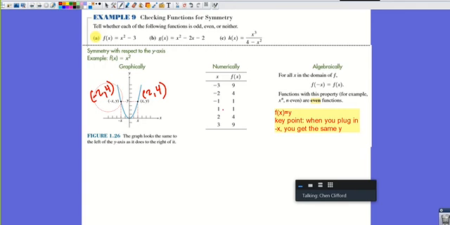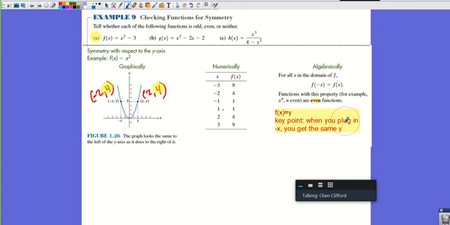So the key point is whenever you plug in a negative x, see, here's a positive x, a positive 2, and then when you plug in a negative x, you should get the same y. You should get the same y, whether it's positive or negative x. That's what this yellow box is about.